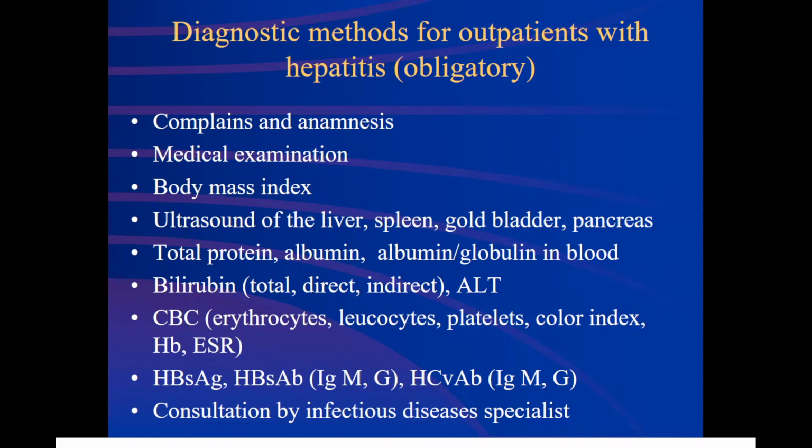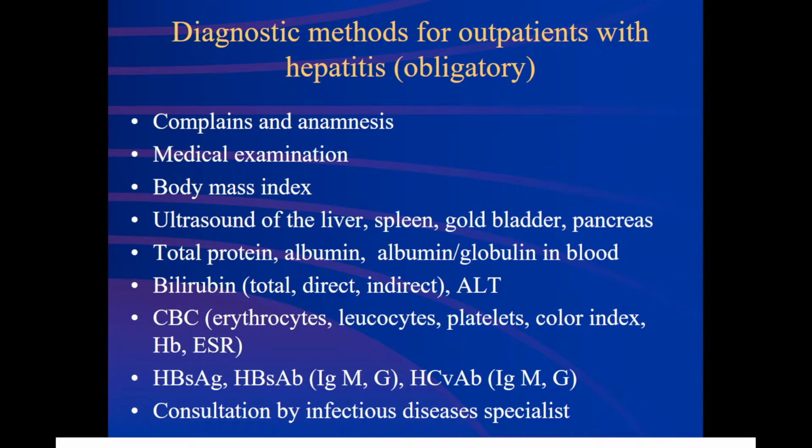And you see here included as obligatory examination ultrasound of the liver, spleen, gallbladder, and pancreas for all patients with hepatitis. In analysis, we have to check protein, albumin, and albumin-globulin ratio in blood because in case of liver dysfunction there may be hypoproteinemia and hypoalbuminemia.